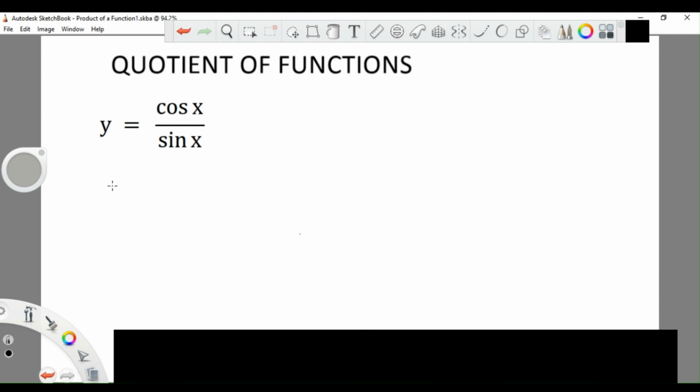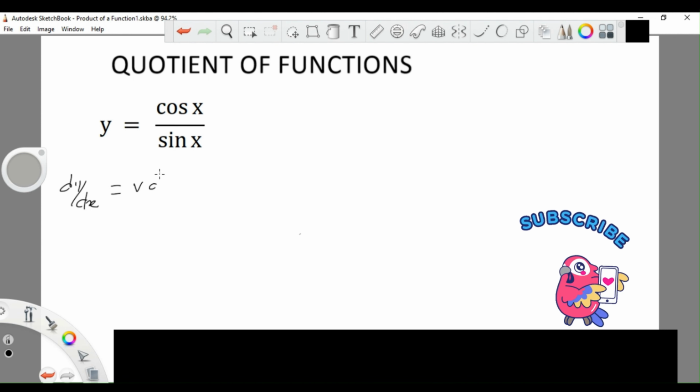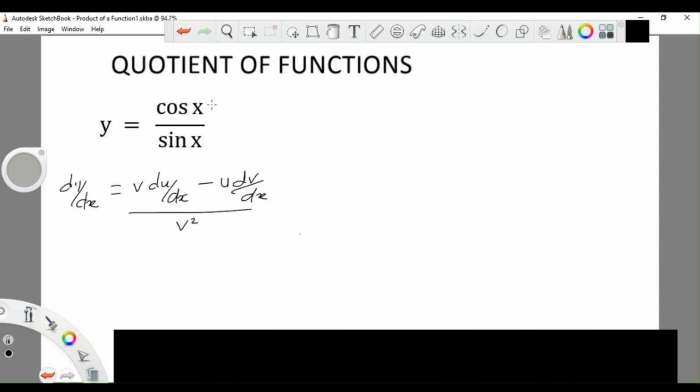Remember the formula we use to differentiate is dy over dx equal to v du dx minus u dv dx over v squared. And again, the numerator is our u and denominator is our v.